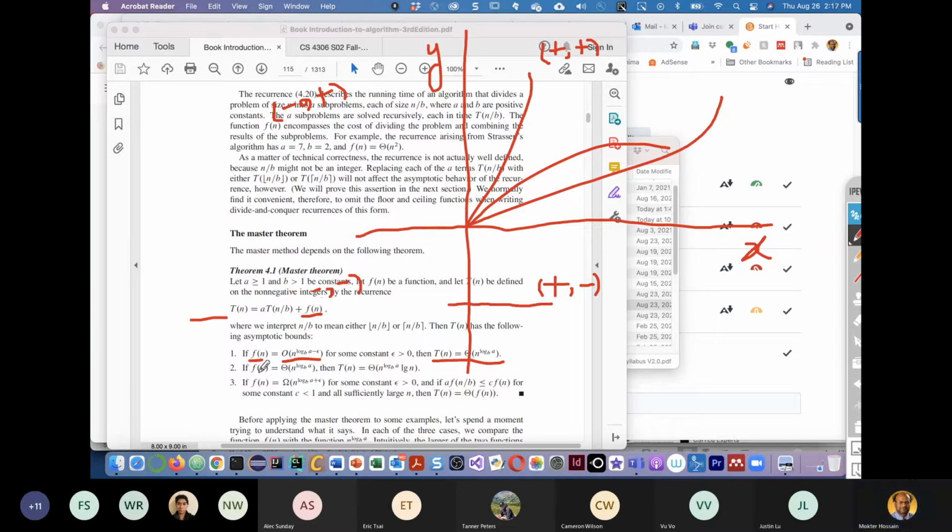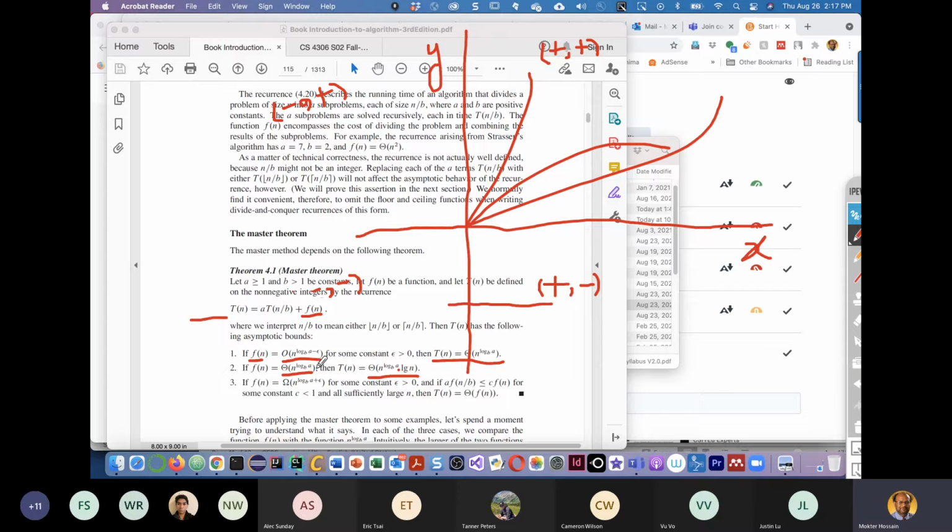And the second one says if f(n) is exactly theta of n to the power log base b of a, then T(n) equals this value multiplied by log n.